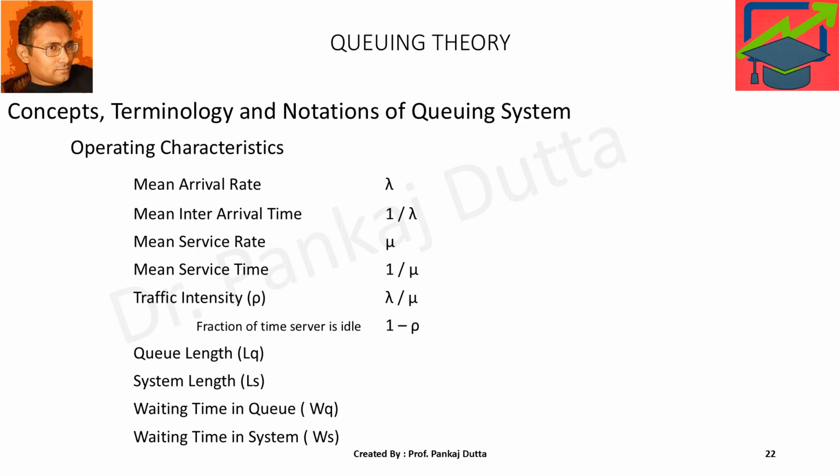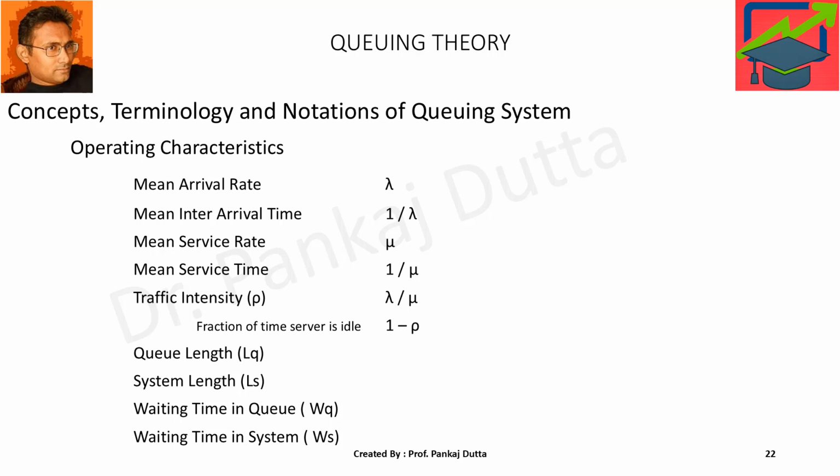Next, we need to know about the queue length, system length, waiting time in queue, and waiting time in system. Queue length refers to the average number of customers in the queue to get the service, while system length refers to the average number of customers in the system. That is, the sum total of the average customers who are in the queue and the average number of customers who are getting served.